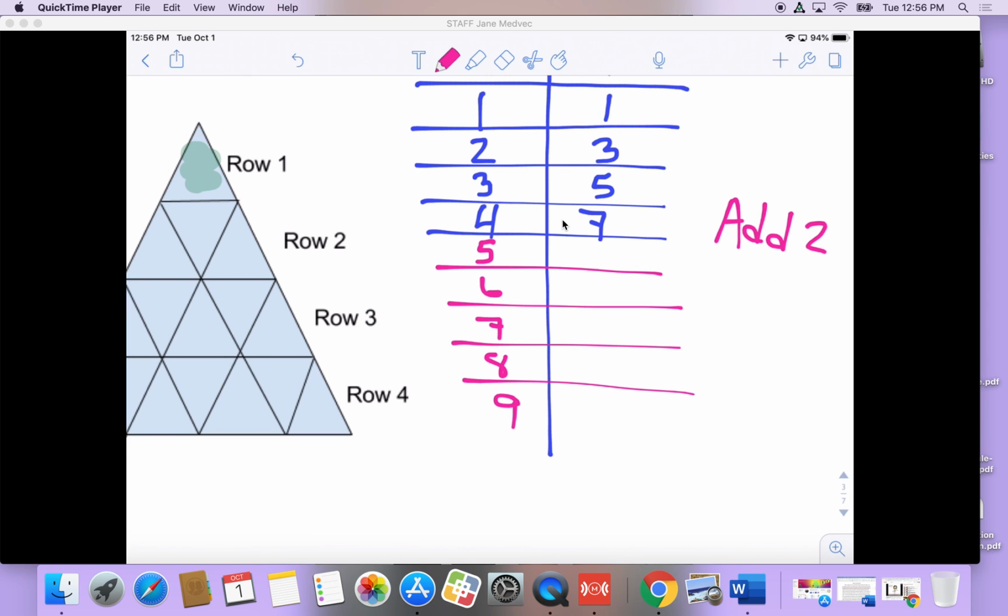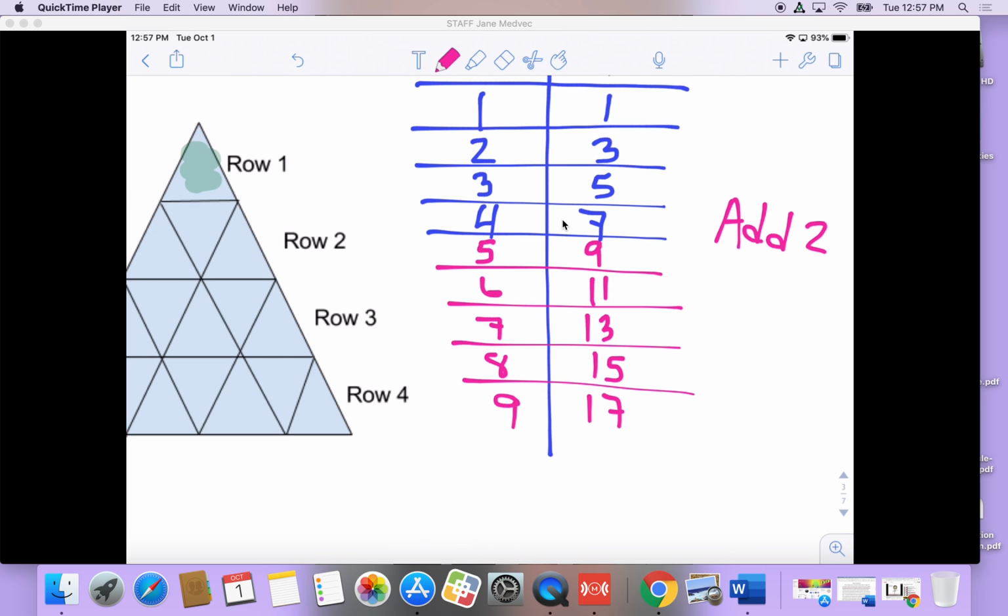So, what do I get for the next blank? 9. 6th row, how many triangles? 11. 7th row? 13. 8th row? 15. 9th row? 17.